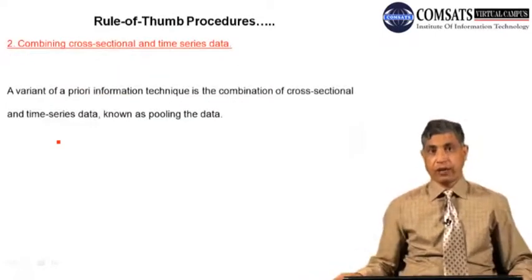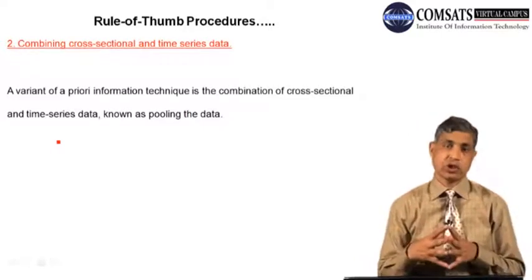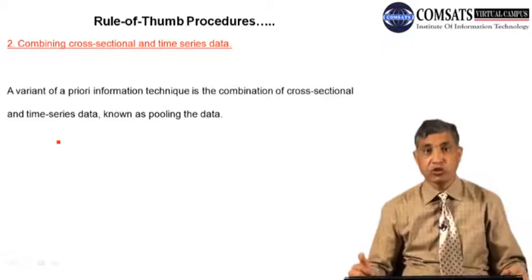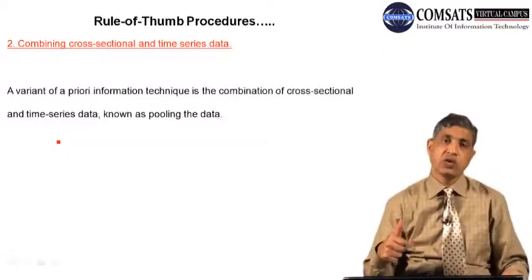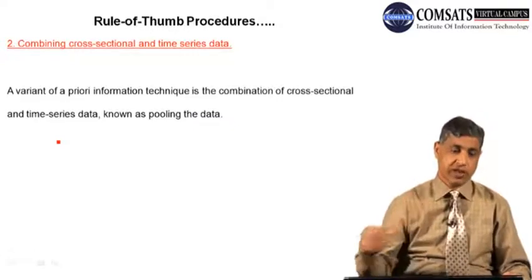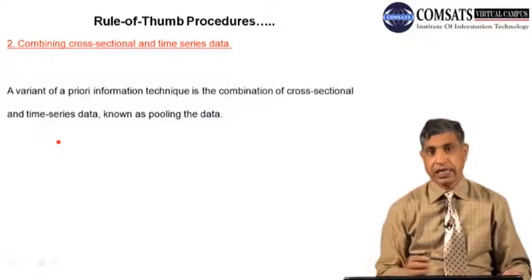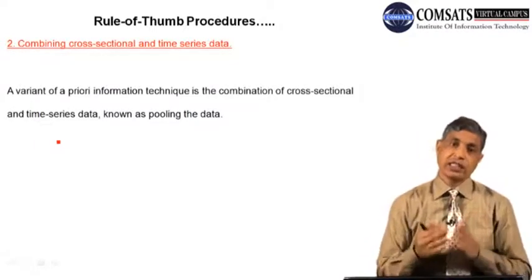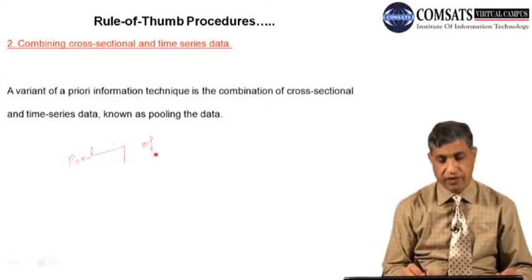The other rule of thumb procedure: the first was that you manipulate on the basis of the prior information so that ultimately you are able to reduce the multicollinearity. The second is combining cross-sectional and time series data. As I said, this is called the pooling of data, or the panel data.